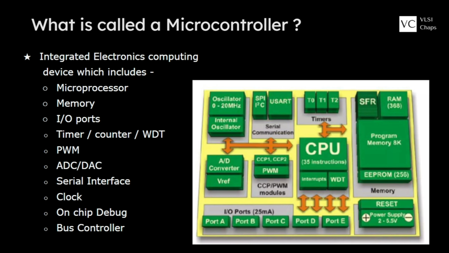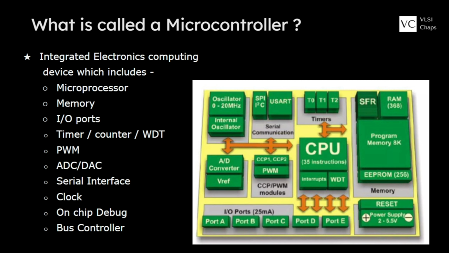Also, they have an on-chip debugging facility by which we can debug our code on live hardware without removing the chip. The controller also supports various buses by which data communication happens.